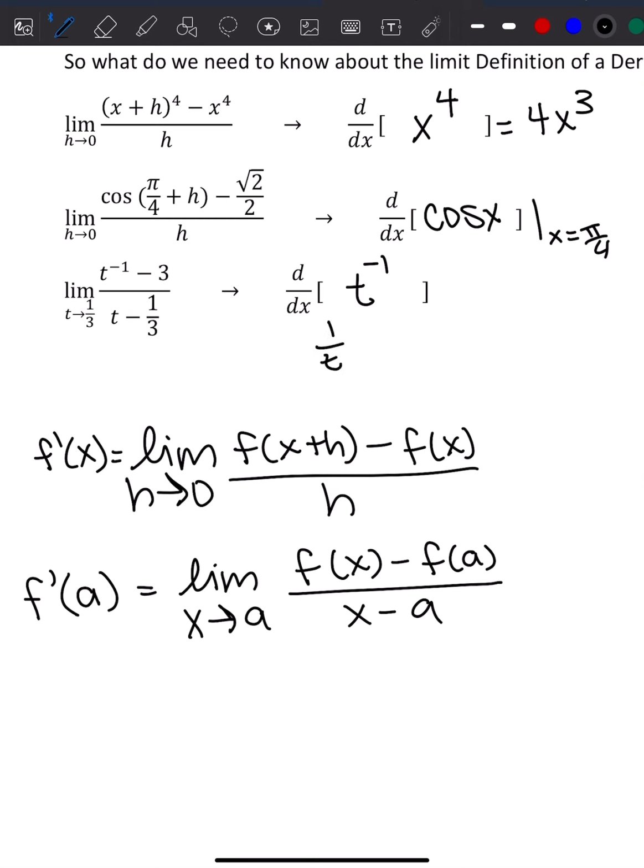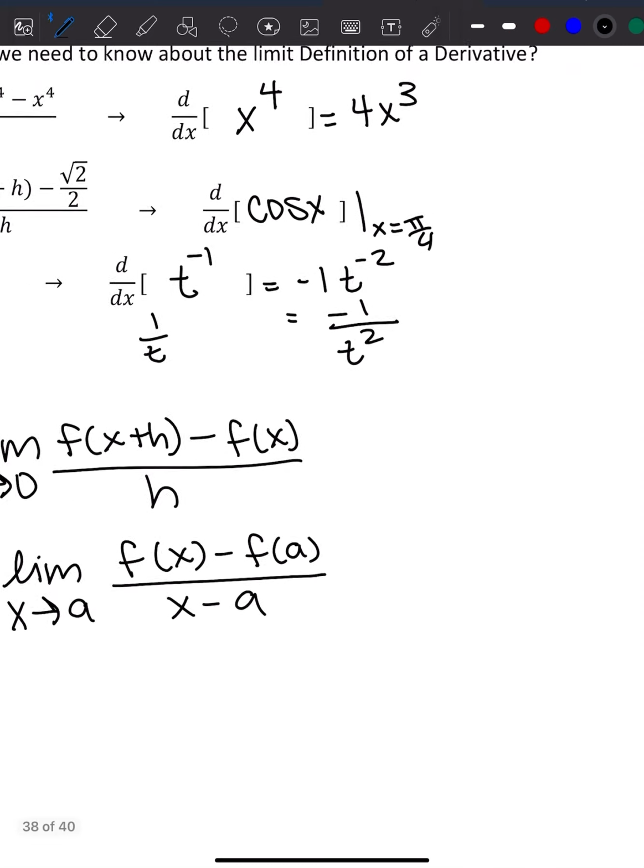And just like the first one, we can figure out what this equals. We have negative 1 t to the negative second power, or negative 1 over t squared. And all we're doing now is evaluating it at t equaling 1/3.